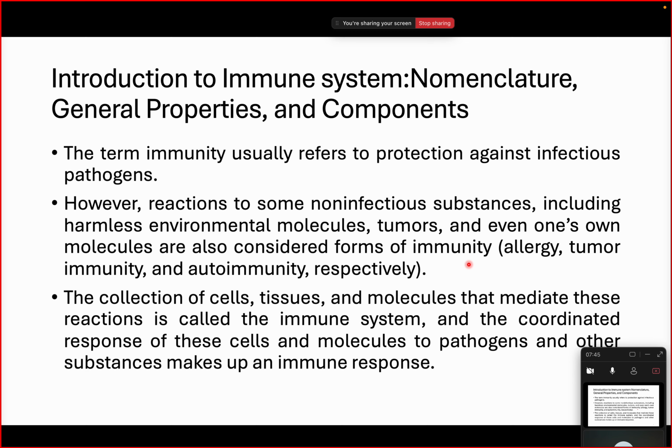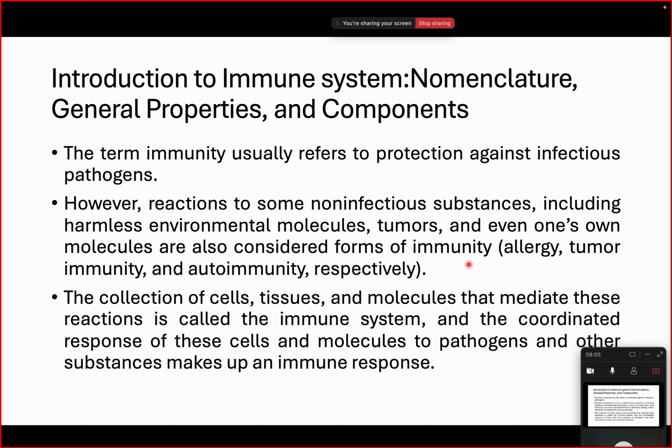The collection of cells, tissues, and molecules that mediate these reactions is called the immune system. And the coordinated response of these cells and molecules to pathogens and other substances make up an immune response.